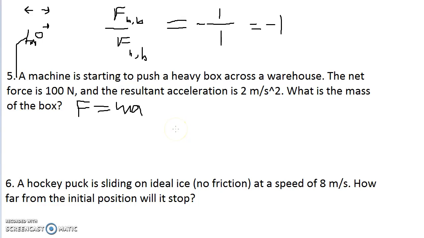And we're looking for the mass, so we're just going to solve this, which will give us mass equals force over acceleration, which is going to come out to be 100 newtons over 2 meters per second squared, and that's going to give us 50 kilograms.